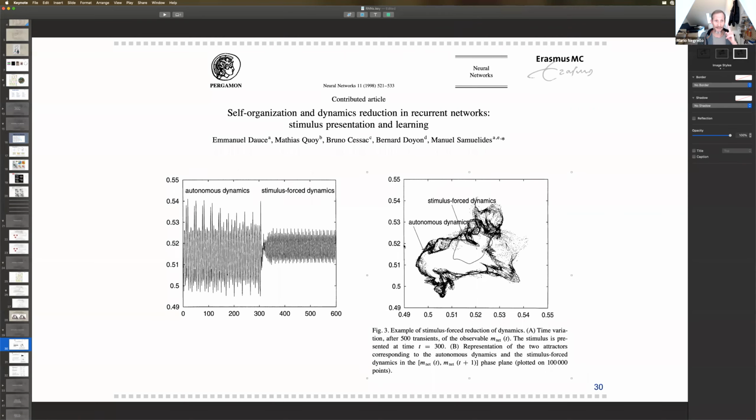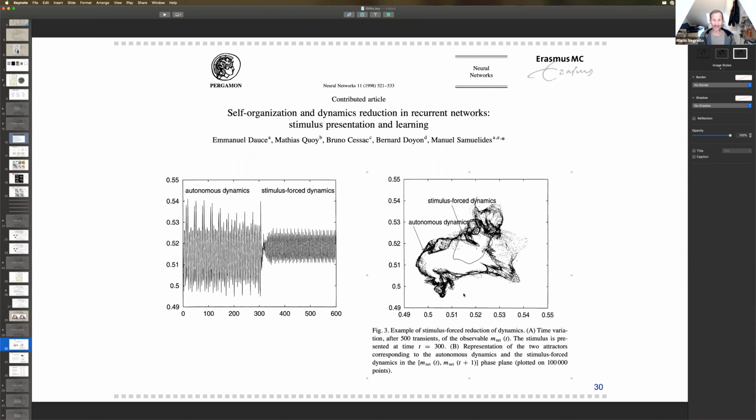But the point here being, even though this is a completely random recurrent neural network and it's running spontaneously, its activity is occupying a cloud of points that is a subset of the space.